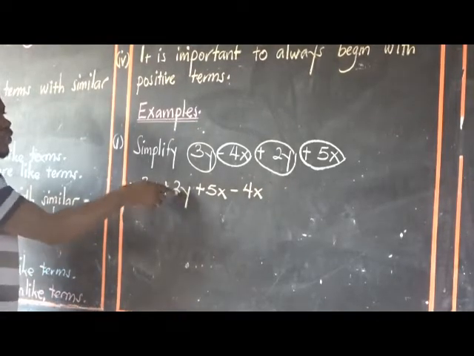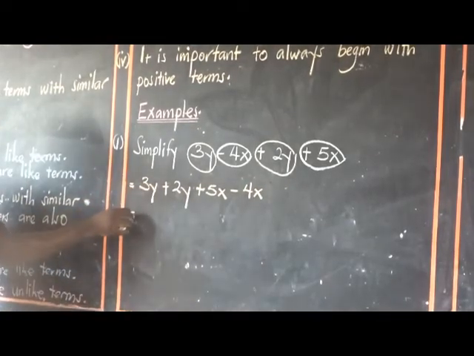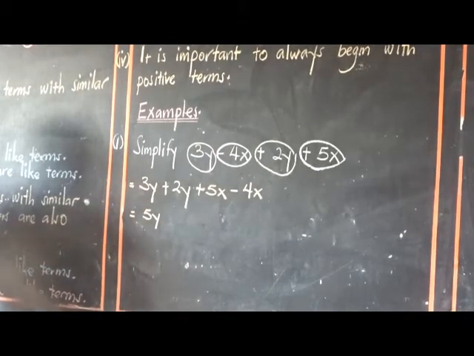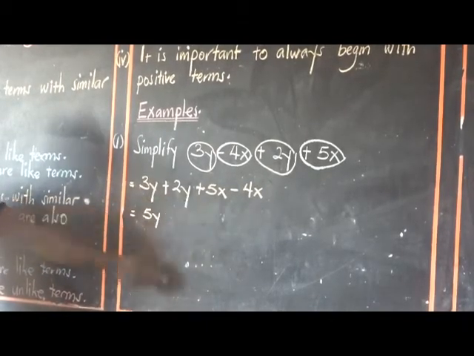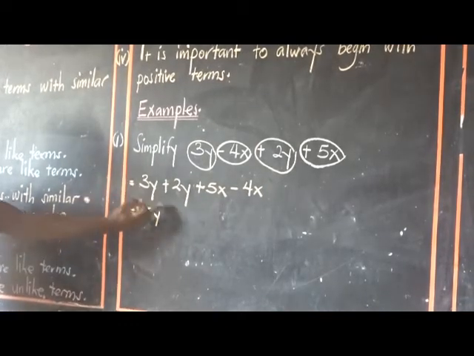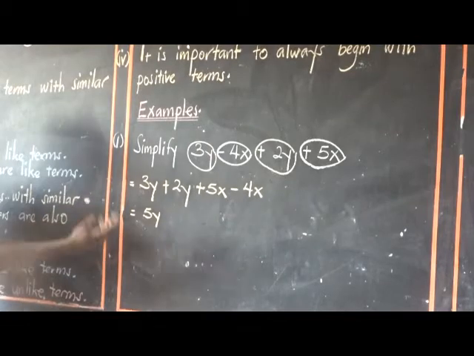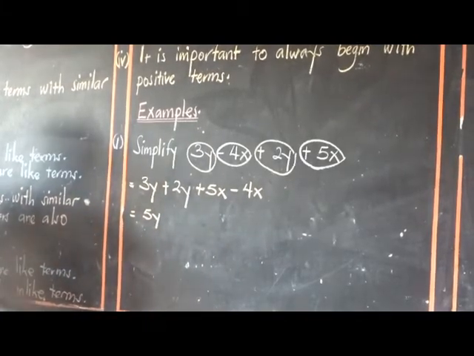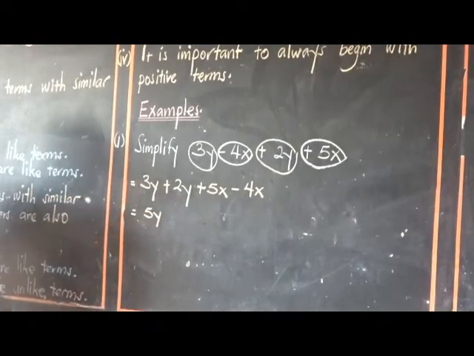What is 3 plus 2? This is 5. So here we shall have 5, and then we retain y. In other words, 3y plus 2y is 5y. This is similar to saying 3 yams plus 2 yams. What's the answer? That's automatically 5 yams. So 3y plus 2y will be 5y.